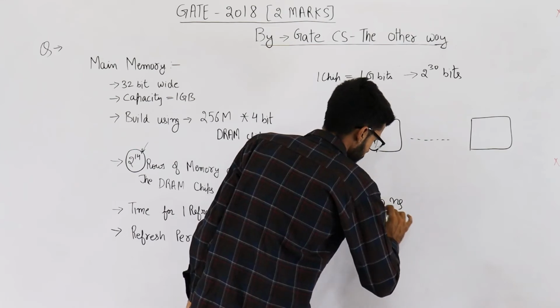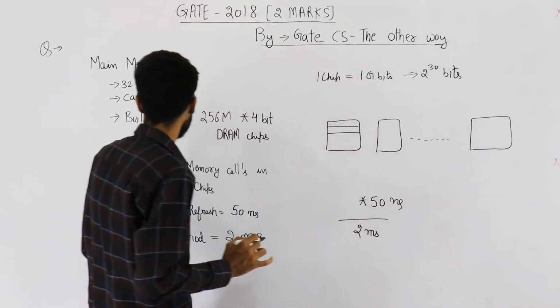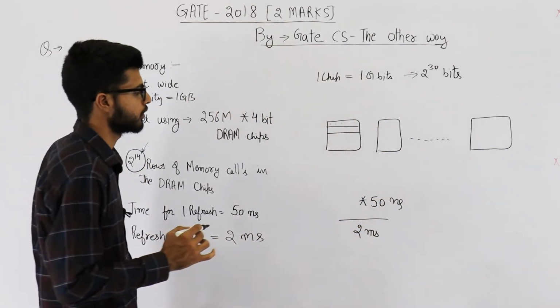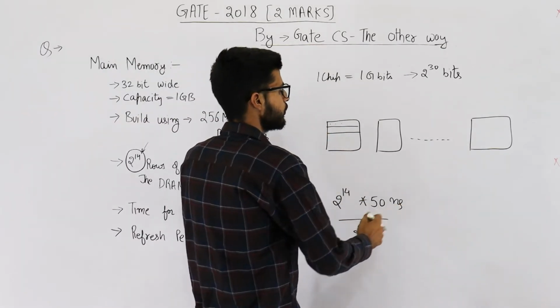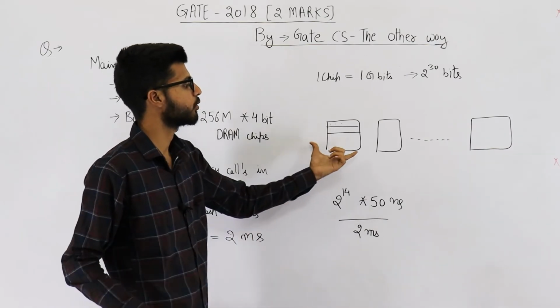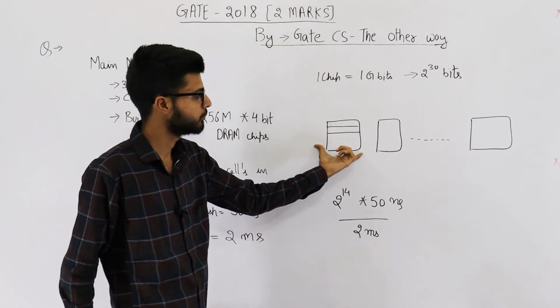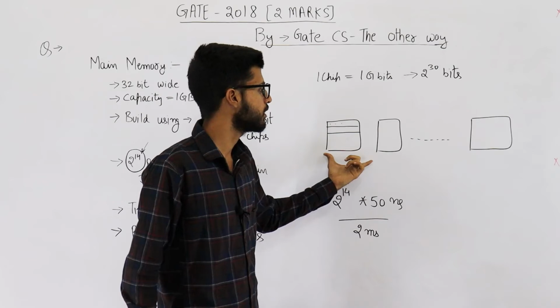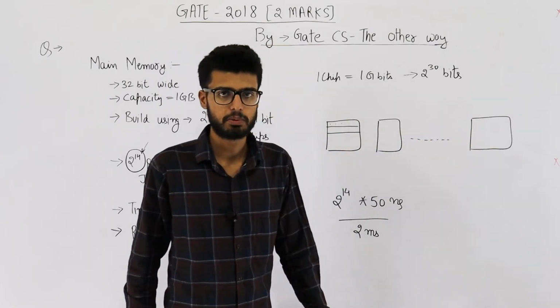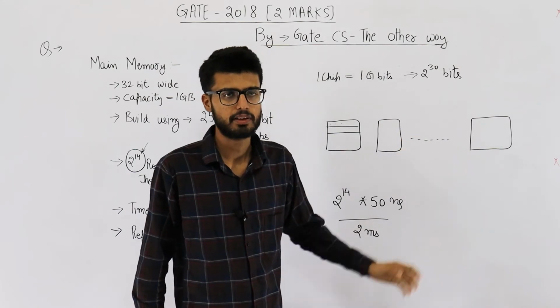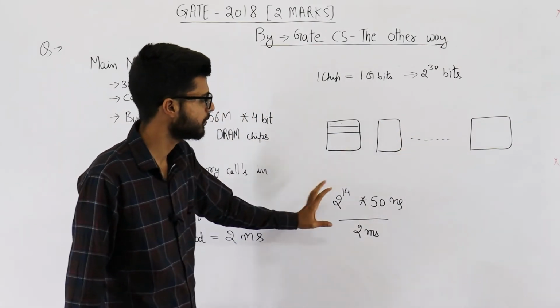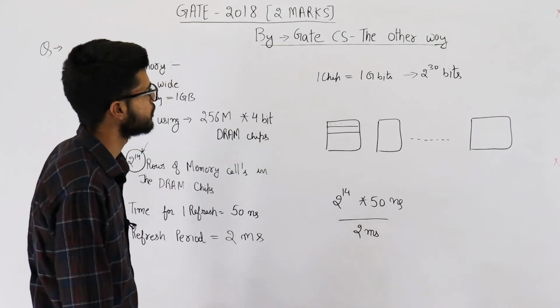And there are a total of 2 raised to the power 14 rows. So this much time will be required to refresh one DRAM chip. And in that time only, all other DRAM chips will be refreshed. So you actually don't need to calculate how many chips are there. This much will just do the job.